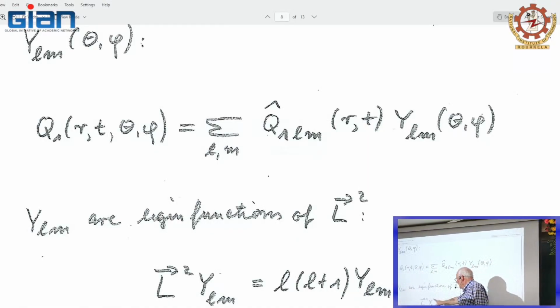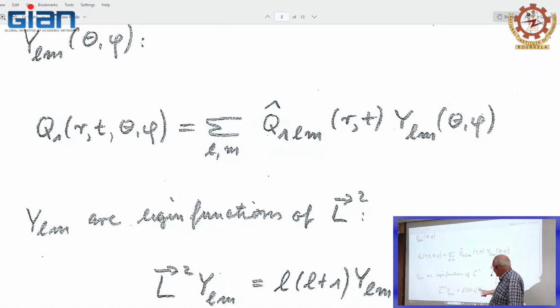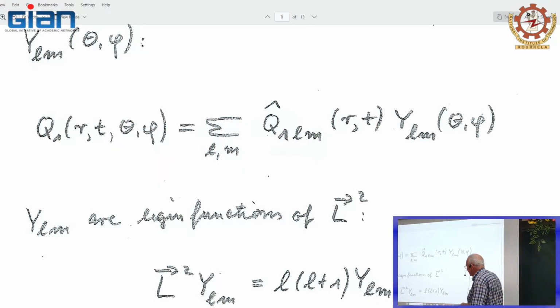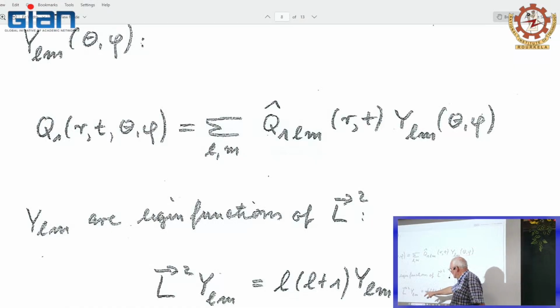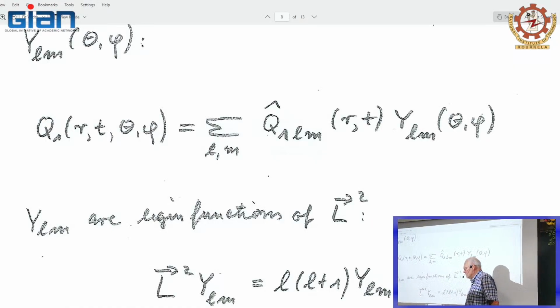That means L squared acting on Y_lm is simply l times (l plus 1), where l is the harmonic degree and is one of the indices of the spherical harmonic Y_lm. So we can write L squared acting on Y_lm equals l(l+1) Y_lm.